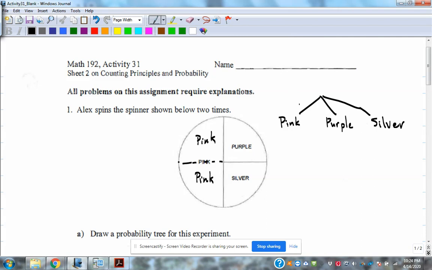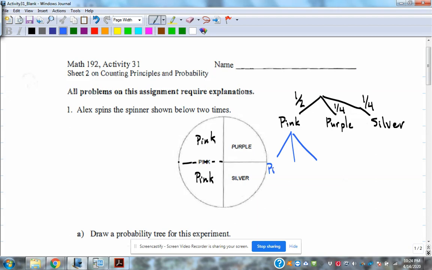First spin has that. Probability of pink in this case is 2/4 or 1/2. So we're going to write 1/2. Probability purple 1/4. Probability silver 1/4. And that's coming from the sectors of the spinner. Then when you spin the second time, each color is going to have 3 different options.